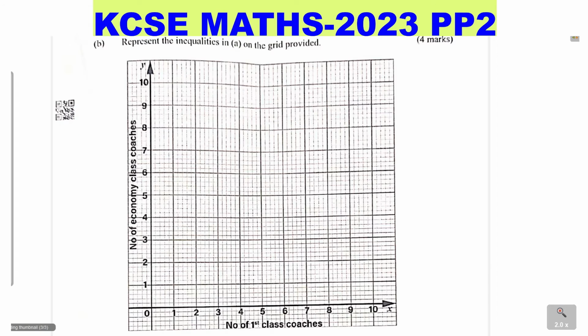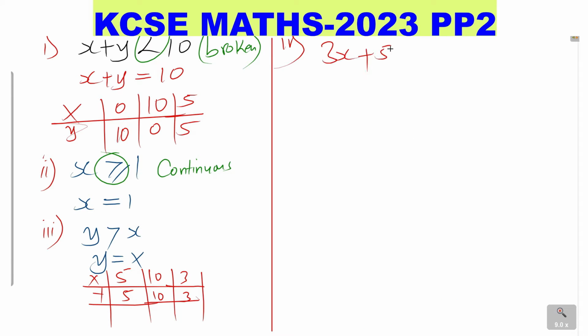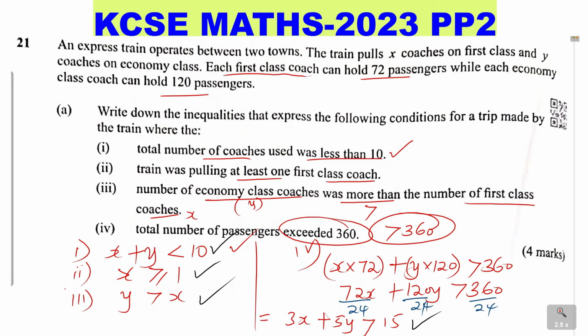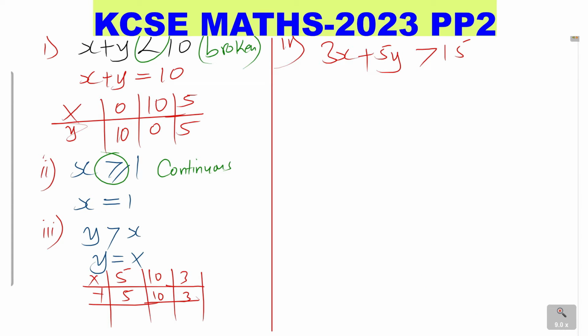The fourth one is 3x plus 5y is greater than 15. This line, I forgot to say, greater than, this line will be broken. So we get the points. So you have x, y.